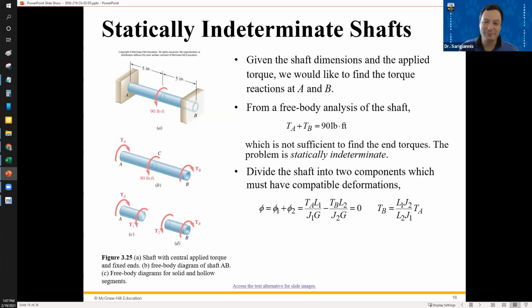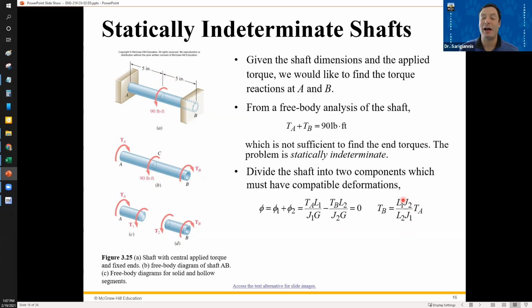So you can rearrange this and solve for one torque with respect to the other as a function of the different lengths. Notice the material is the same, the polar moduli are different. The lengths in this case are the same, so these cancel out.